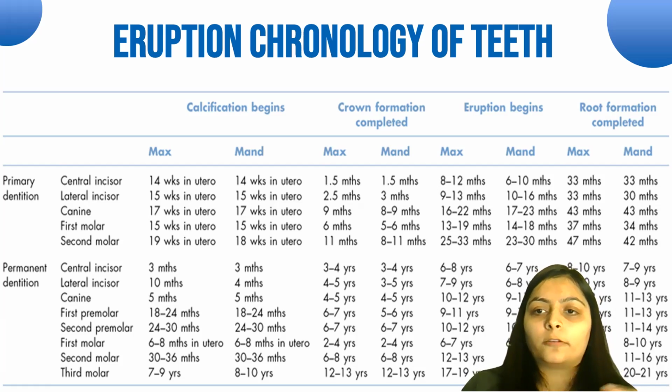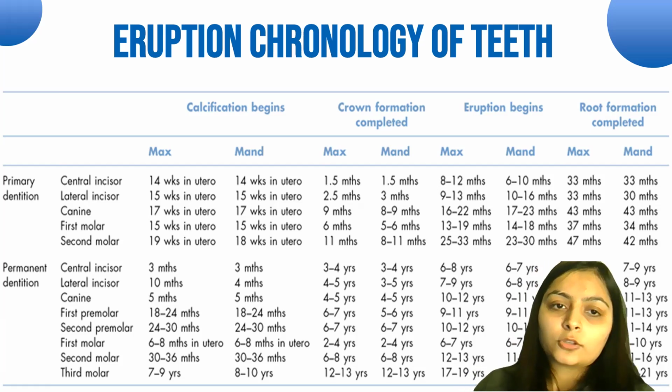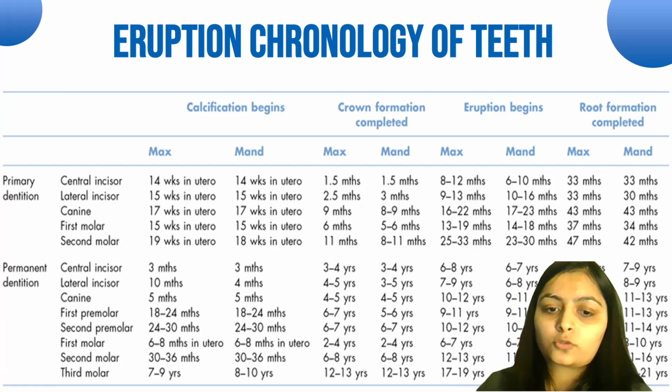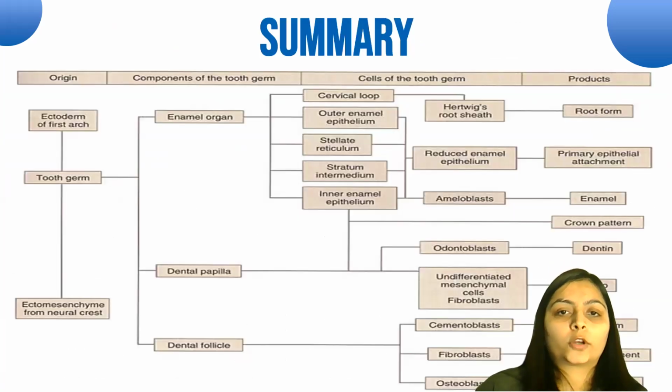In permanent dentition, it will take 2 to 3 years for root development to be completed. So these are things to remember for clinical purposes.